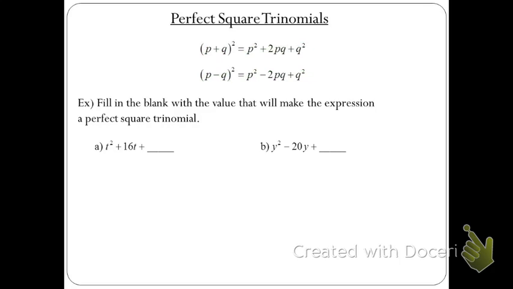You're going to notice that each of these equations is going to be written in the standard form for a quadratic equation. This is in the form ax squared plus bx plus c, except I didn't use x, I used t. The c is going to be what goes in the blank. The constant term is what we have to figure out in order to make that expression a perfect square trinomial.